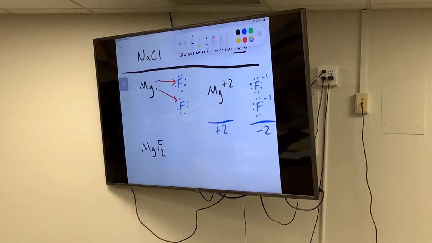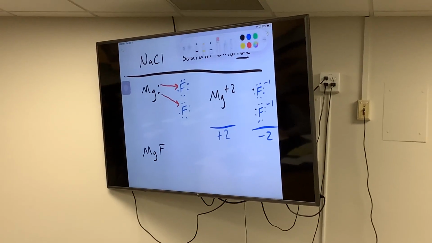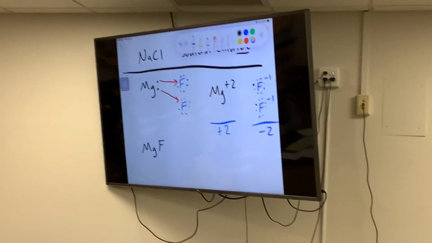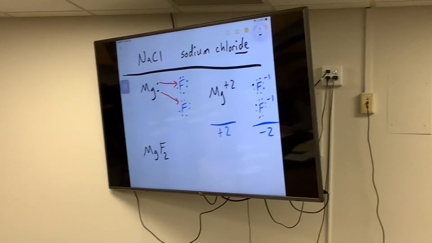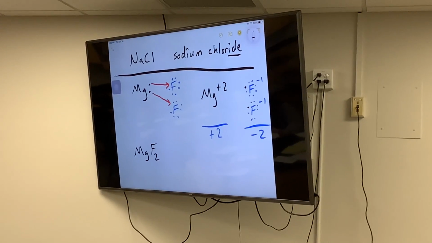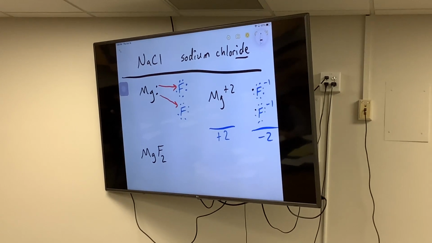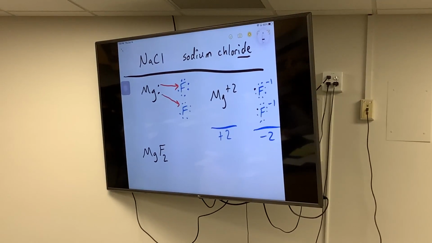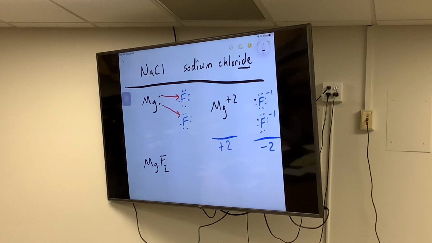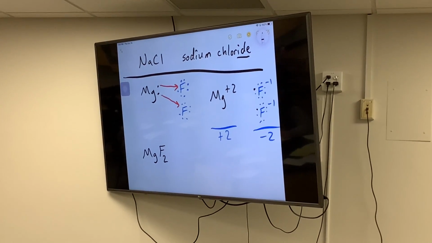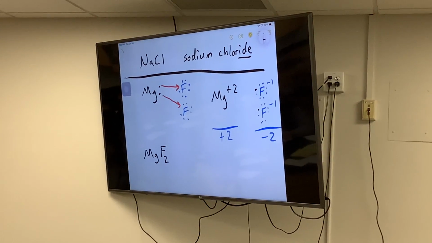That's a rough looking tube, hold on. We'll use a subscript 2 next to the fluorine. And that gives us the formula MgF2, which means 1 magnesium atom, 2 fluorine atoms participated to get everybody to the octet.